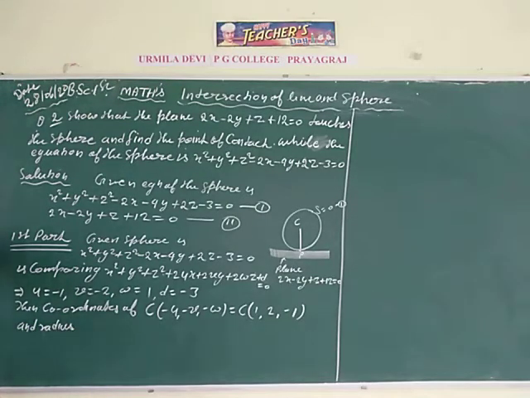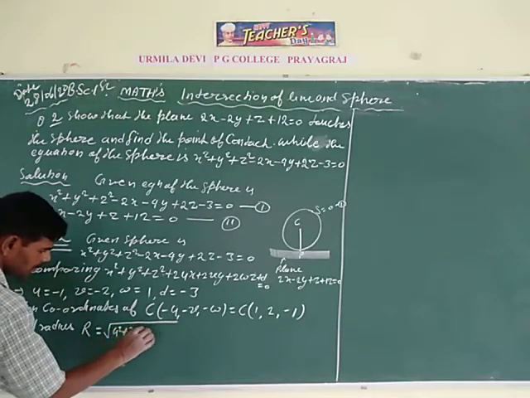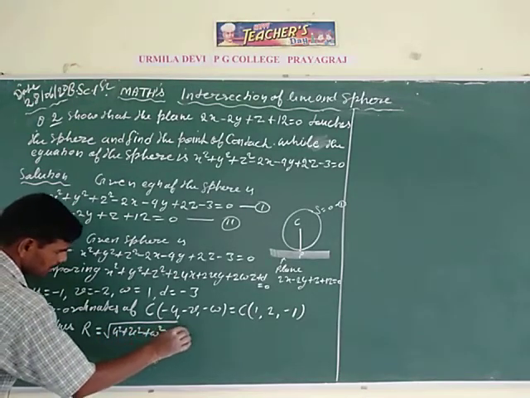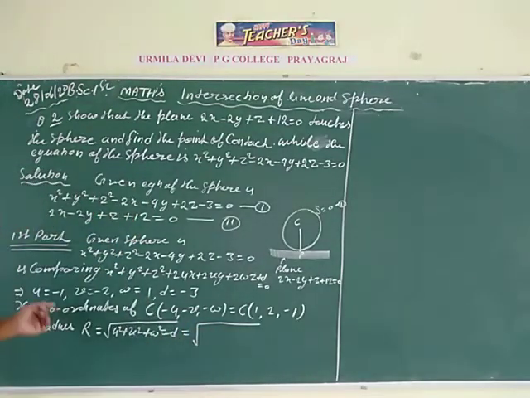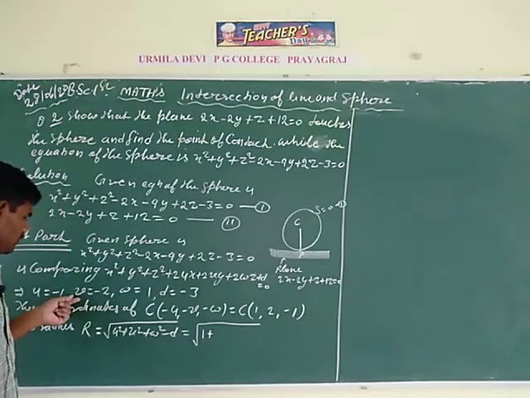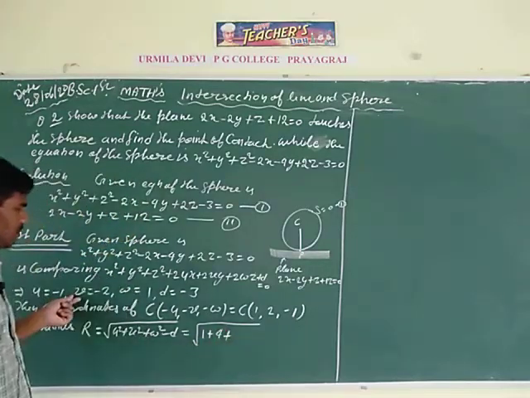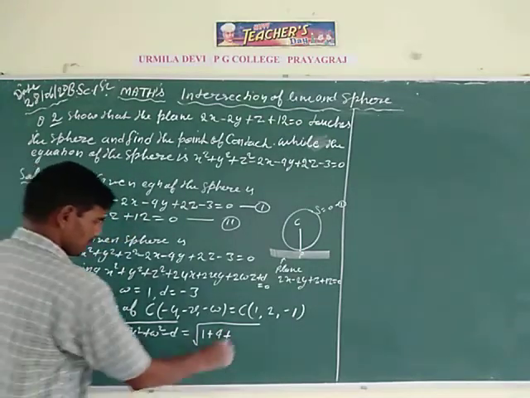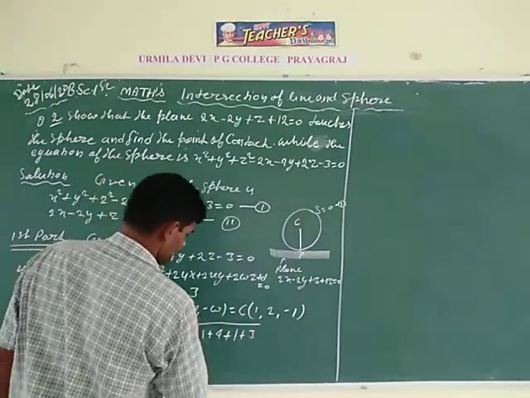The radius of the sphere, denoted by capital R, is equal to, according to the formula, under root of u square plus v square plus w square minus d. Putting the value of u, here u is equal to minus 1, whole square, plus 1, v is equal to minus 2 whole square, plus 4, and w is equal to 1 whole square, plus 1, and d is minus 3, minus, so plus 3.